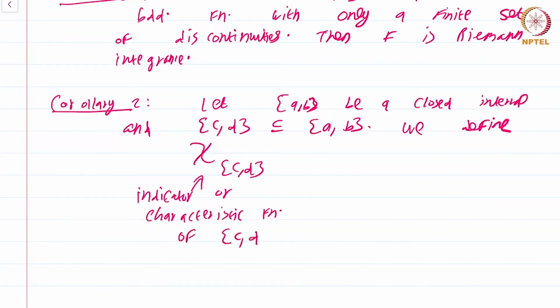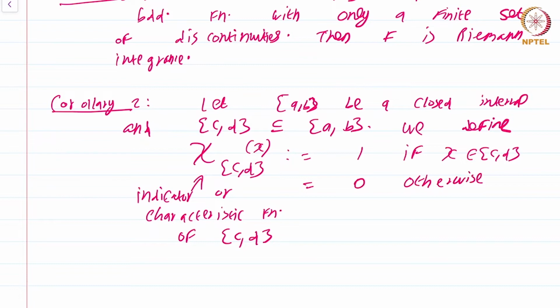This can be defined more generally for any subset, but I'm just defining it for closed intervals for the time being. This is by definition 1 if x is an element of the closed interval [c,d] and 0 otherwise. So this is a function whose value is 1 precisely at the points of [c,d] and 0 elsewhere.